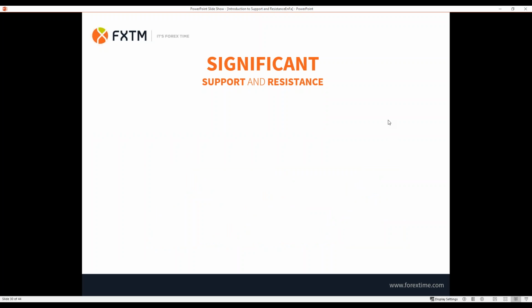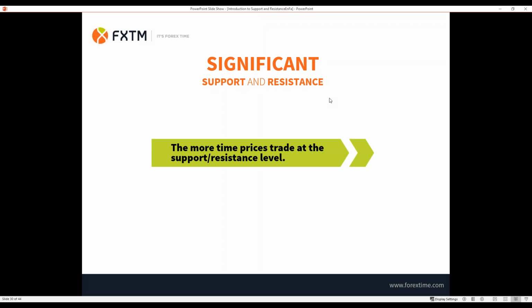And of course, now we come to the question of our friend who asked before how to identify the significant support and resistance. So the rule here is that the more time prices trade at the support and resistance level, the more significant it is. So how many times did the price touch this line? 1 or 101 times? You understand what I mean?